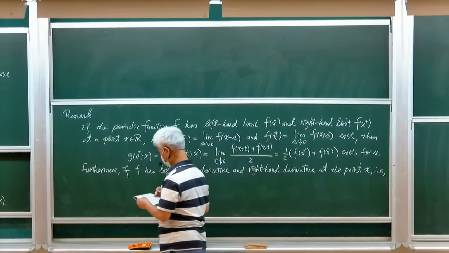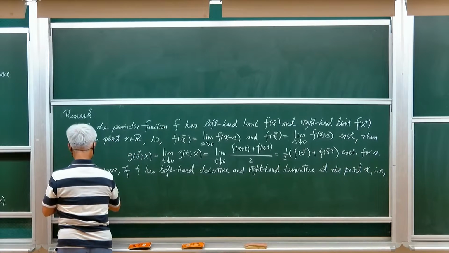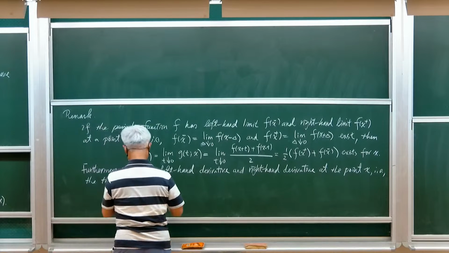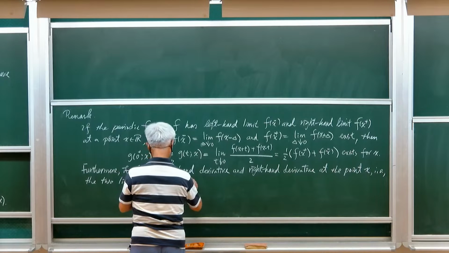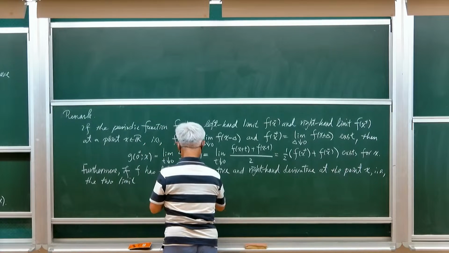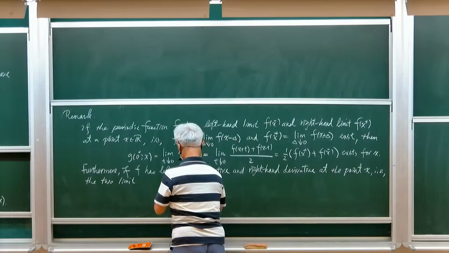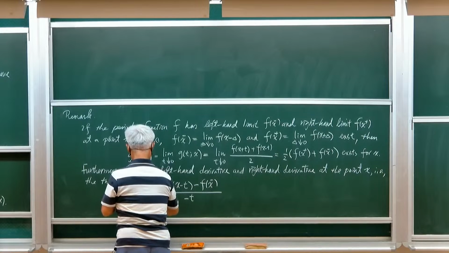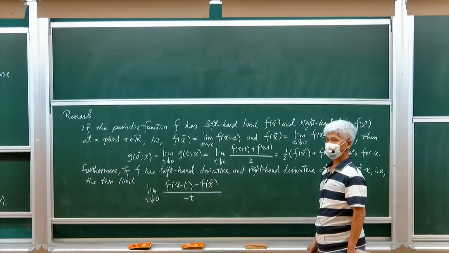Well, it means that the two limits exist. So when we compute the two limits, it is f(x minus t) minus f(x minus) divided by minus t, with limit as t goes to 0.